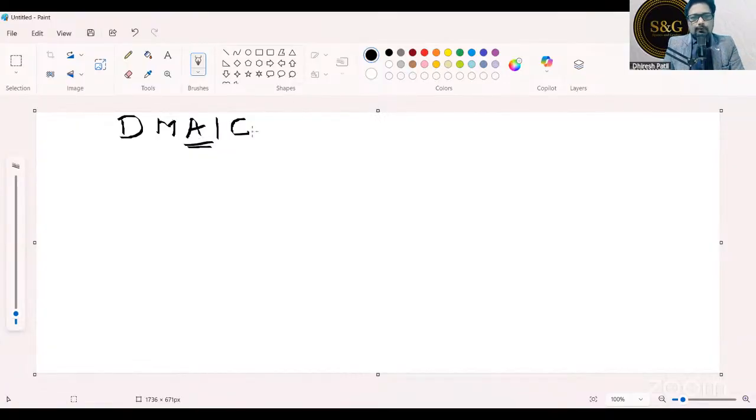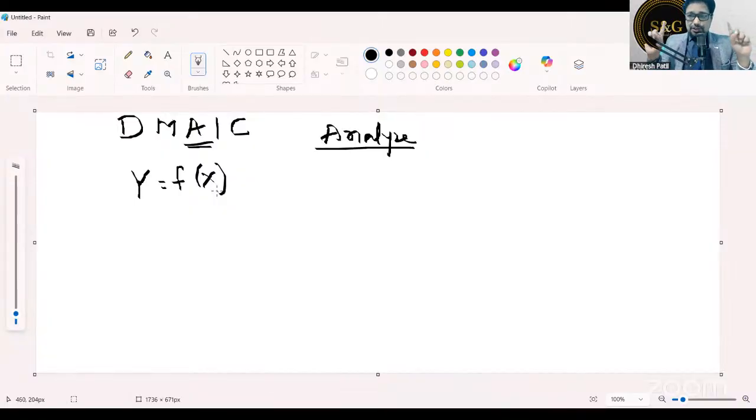Now, today's topic, as I mentioned, comes in the analyze phase. Just for revision, let's talk about the equation y is equal to function of x. I hope everybody remembers this equation. I speak about it multiple times, even in yellow belt.